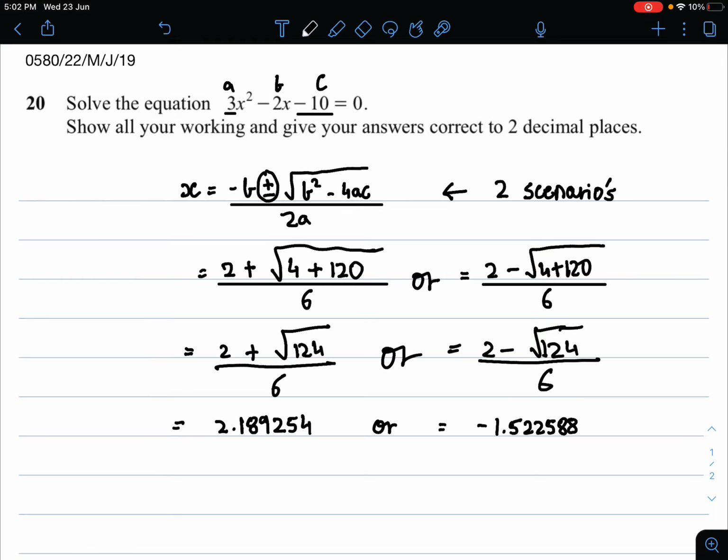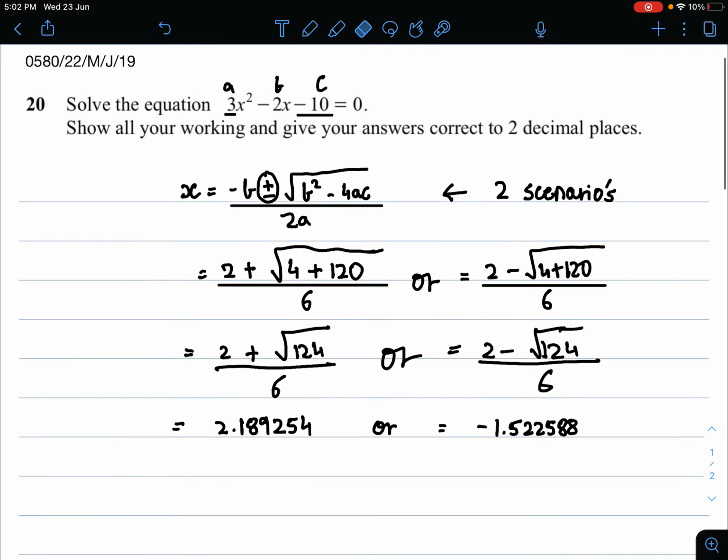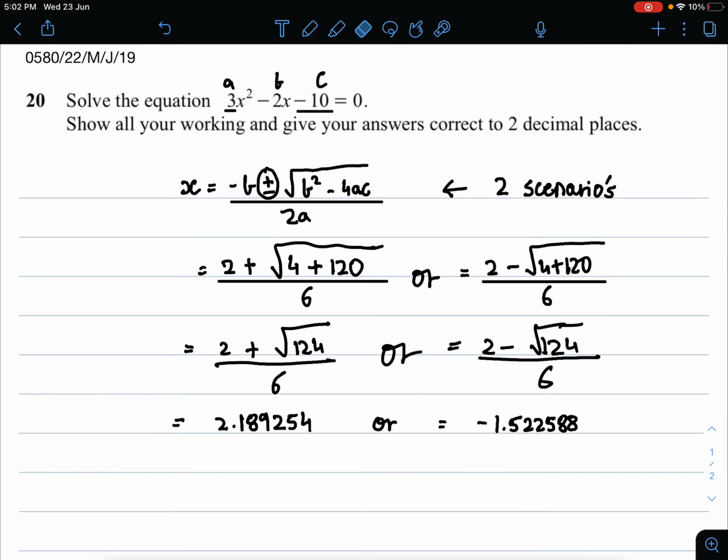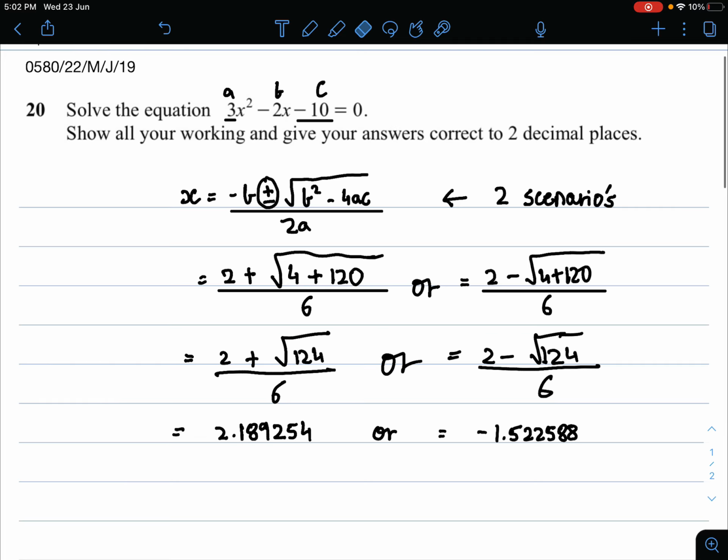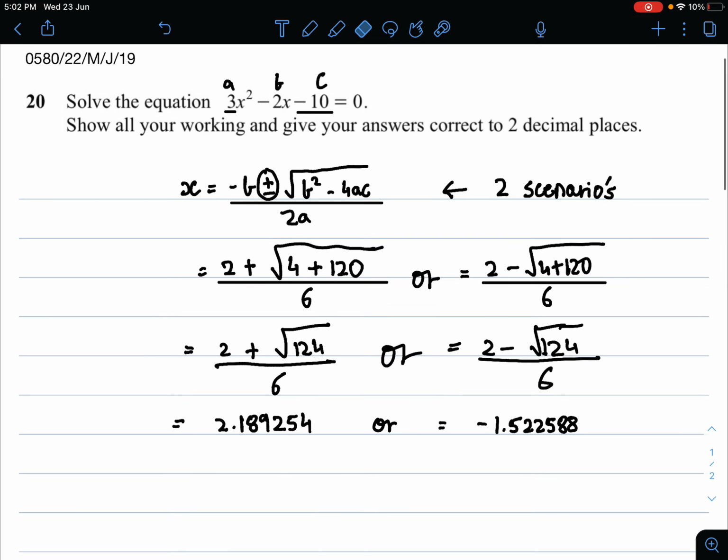If you want, you can even write all the decimal places as much as they showed you in the calculator. This is because this will help the examiner see that you aren't doing any premature rounding, and it will also help the examiner see that you are rounding off to the correct answer properly.